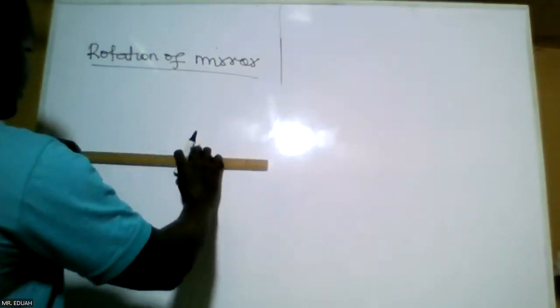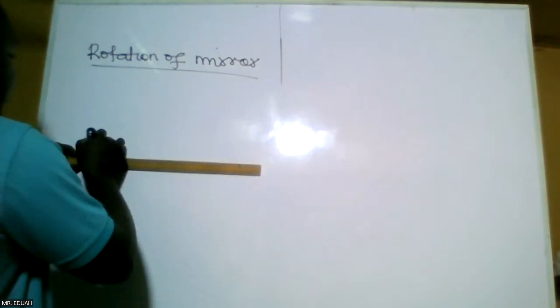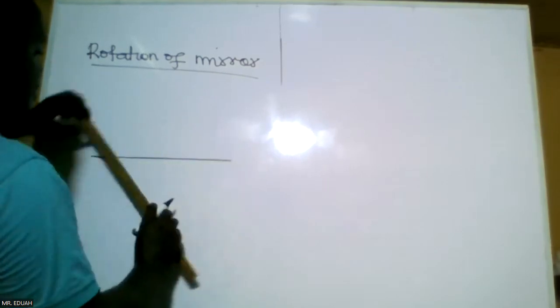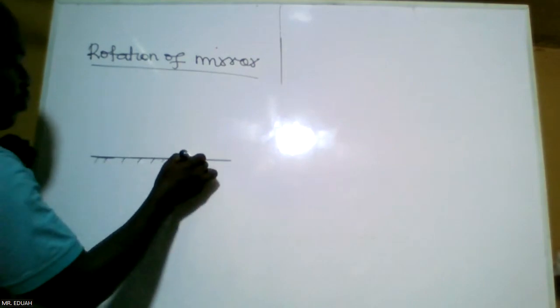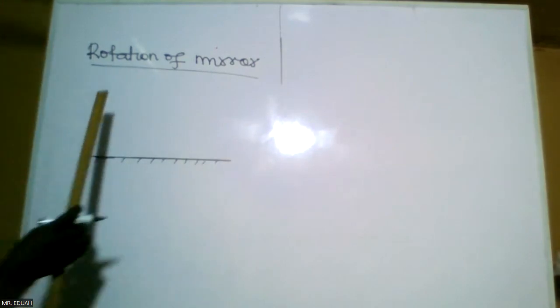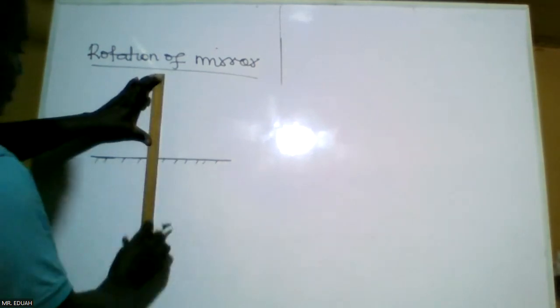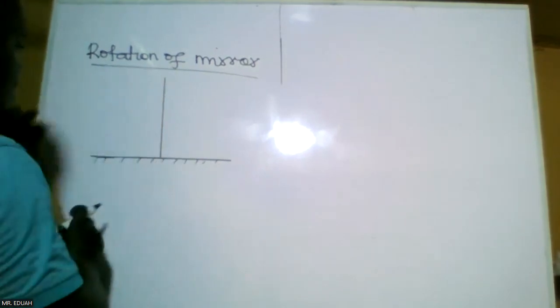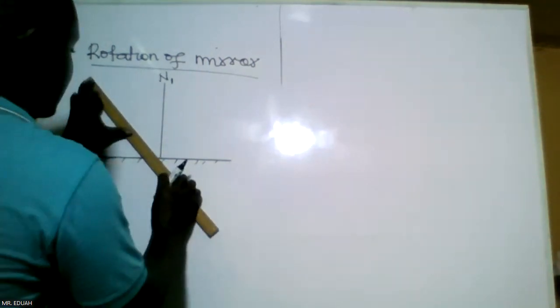So I have a mirror. I'm going to incident a ray, so I will need a normal, N1. I have my incident ray.